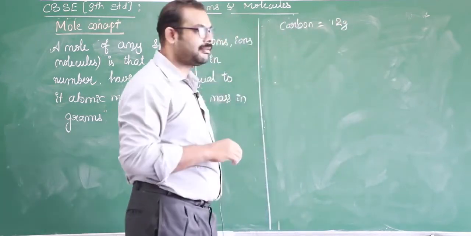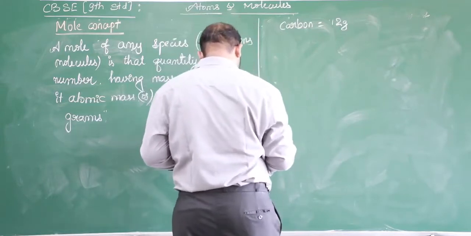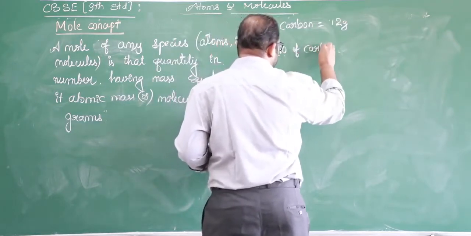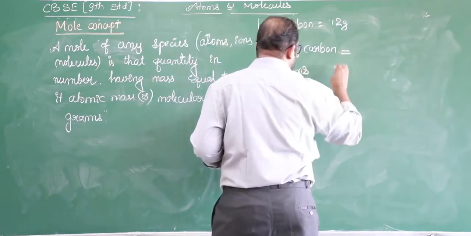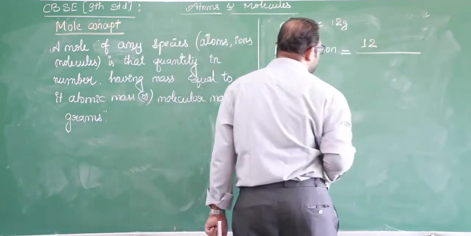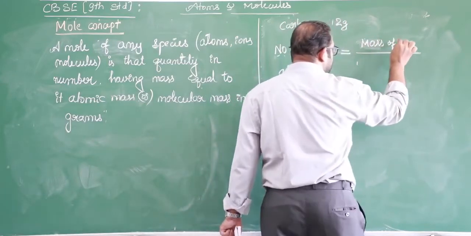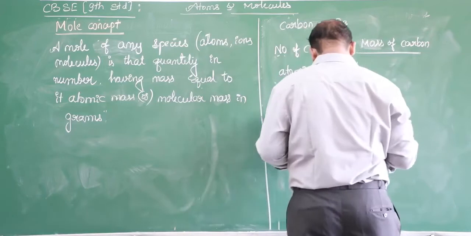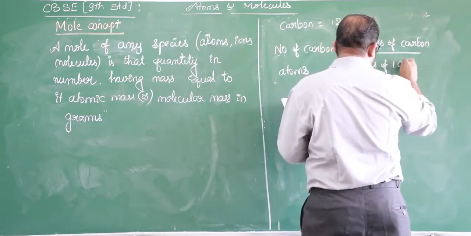If you want to calculate the number of carbon atoms in 12 gram, what we have to do is divide the mass of carbon by the mass of one carbon atom.